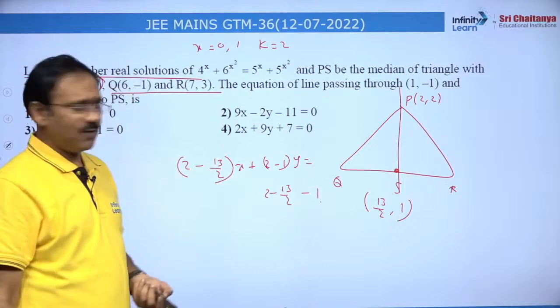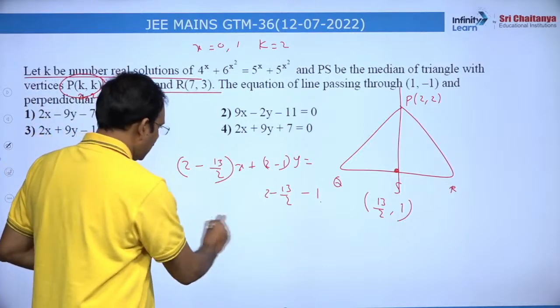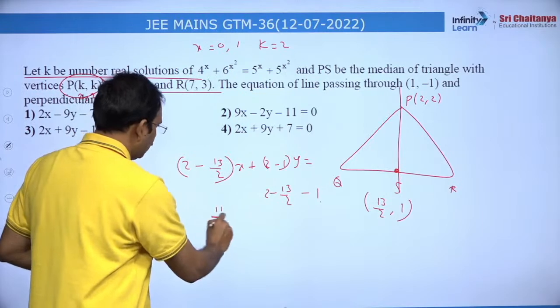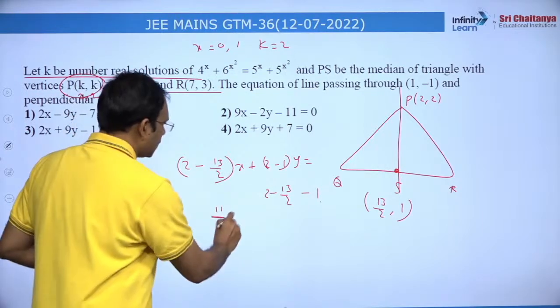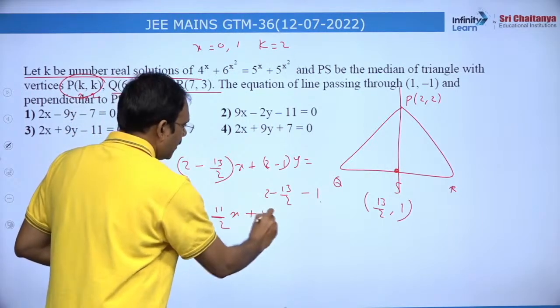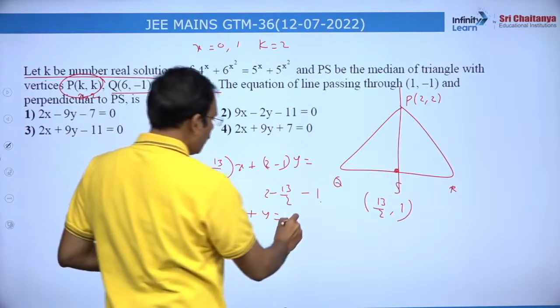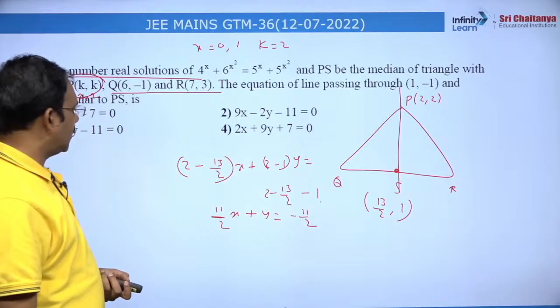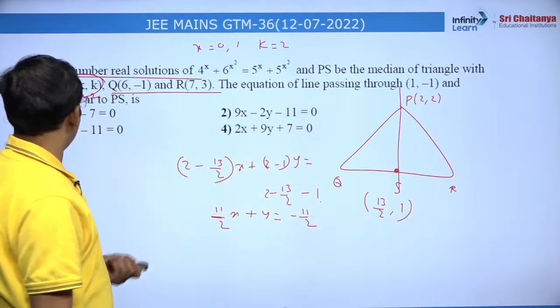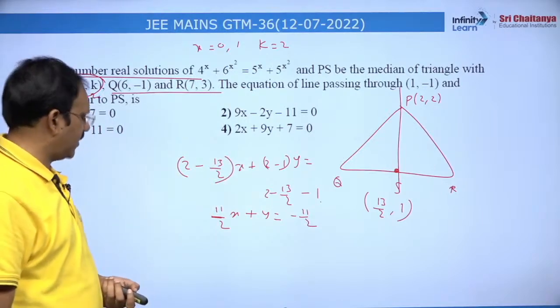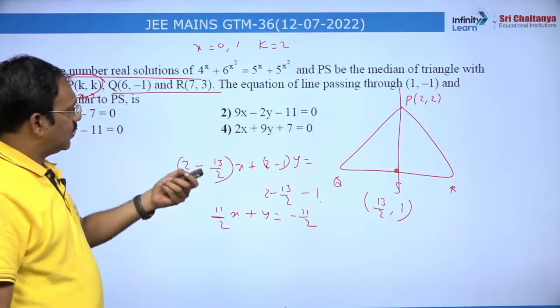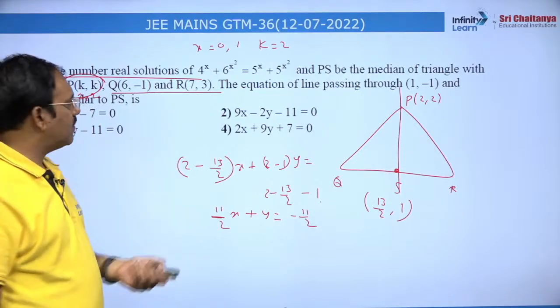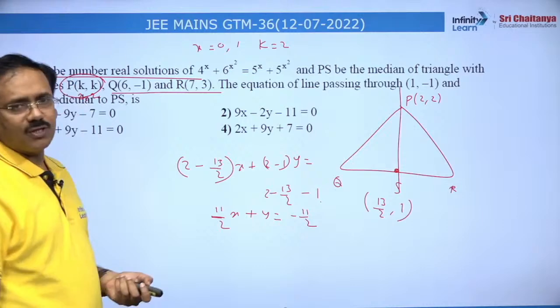You just simplify, my dear friends. 4 minus 13, which is 11 by 2, x plus y is equal to 2 minus 11 by 2. So, you will get the answer in terms of x and y. Every data is given, it is a simple equation related to straight lines.